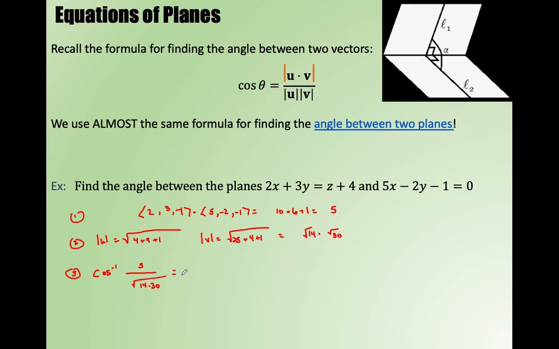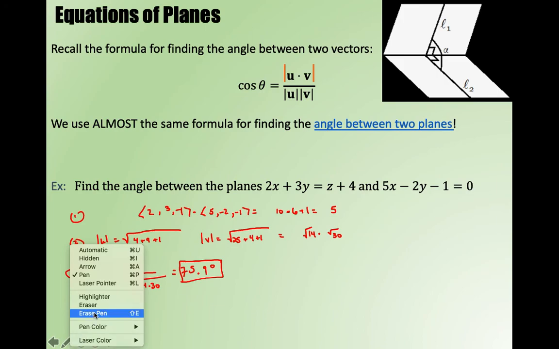And I got 75.9. Okay. Good. All right, almost done.